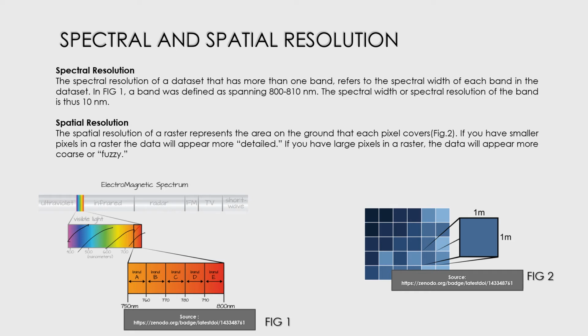This very small bandwidth from 0.4 to 0.7 is maintained, and whatever light is reflected and achieves a wavelength of 400 to 700 nanometers comes under the visual. So this is what the spectral resolution is.